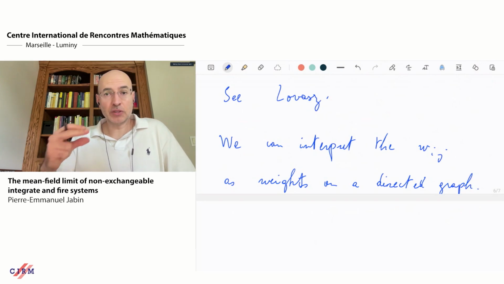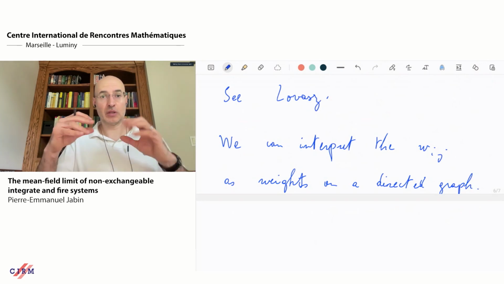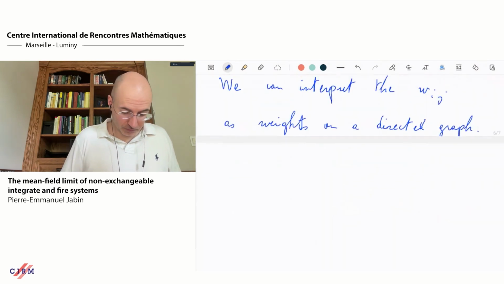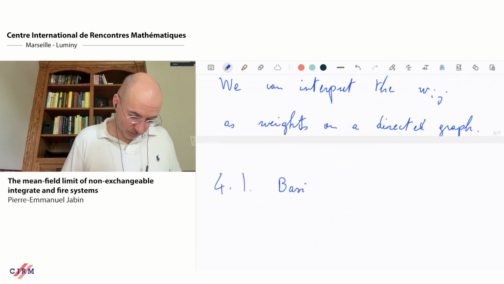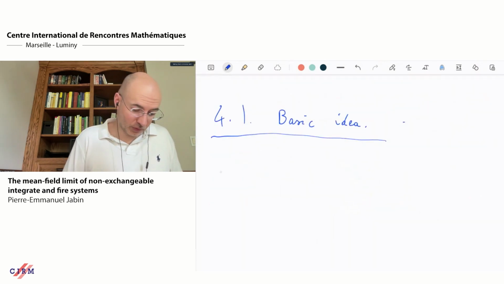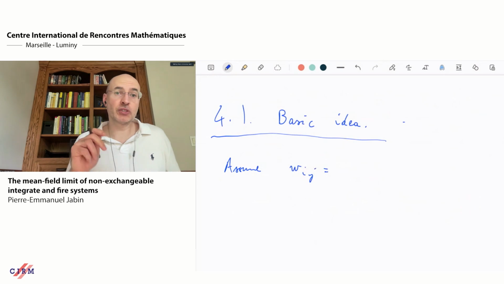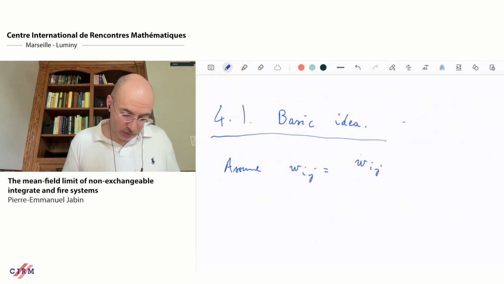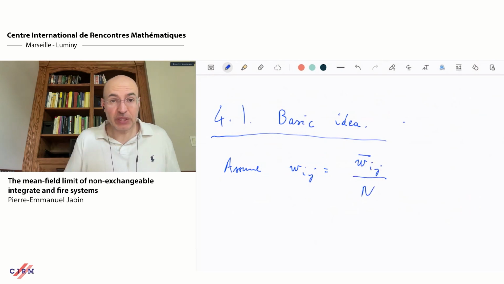And here's what Lovász says in a nutshell. Assume that the Wij now have the scale 1 over n explicitly. Right? So I'm going to make it very explicit by rescaling them.